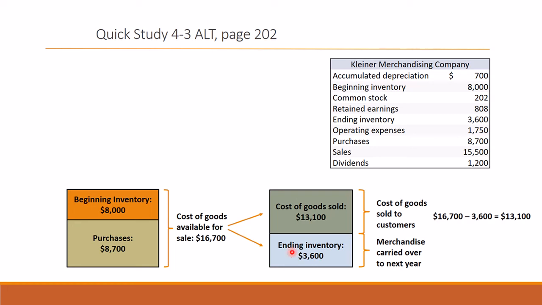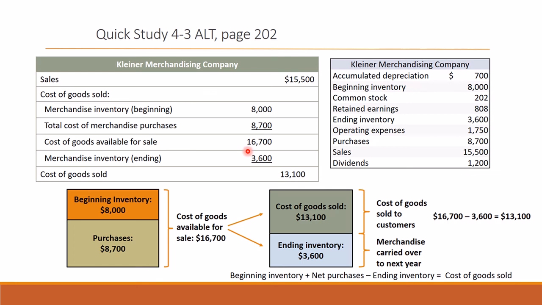So if I subtract ending inventory, which I went out and counted, I get cost of goods sold. I can also list this formula a little bit more detailed. Beginning inventory 8,000, plus purchases 8,700, minus ending inventory 3,600 equals my cost of goods sold of 13,100. And I can list this a little bit more formally in my income statement. I have my sales of 15,500, and I step through the same calculation I did down here.